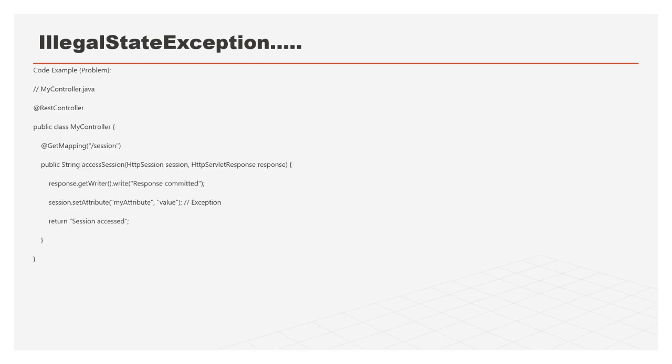Now, in the actual causing code, you see session.setAttribute, where you're trying to assign some value. Before that, you see response.getWriter().write. You have already written that response and it has been sent, but after that you are trying to write something which is causing that exception.